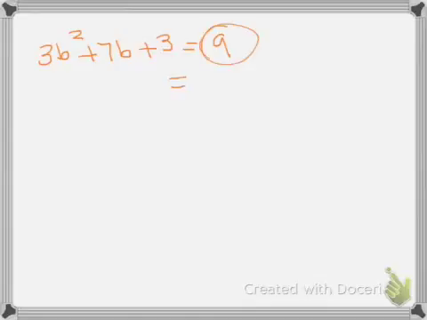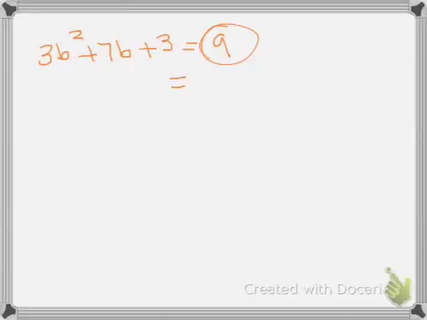Let's try another one that's not set equal to 0. So 3b squared, 7b plus 3 equals 9. A lot of people are tempted to label this a, b, and c, but it has to be set equal to 0, not equal to 9.